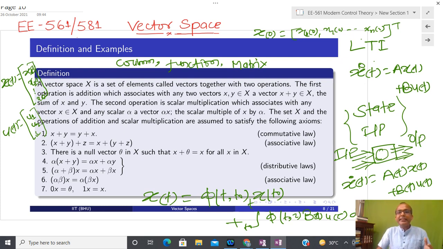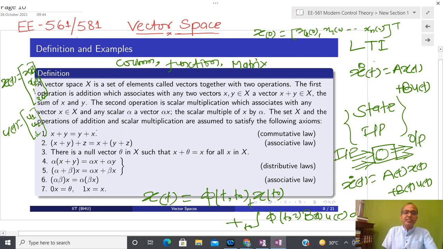It says that you can define operations based on your wish, but in order to make sure the game remains the same for everyone, you have to follow these 7 steps, and the first step is just commutativity. You can take 2 elements.